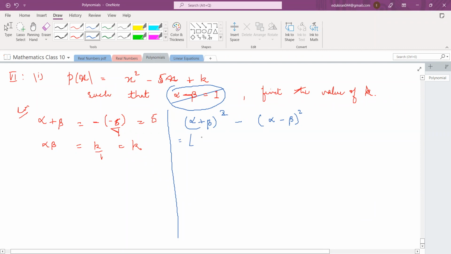So alpha plus beta whole square means alpha square plus beta square and plus 2 alpha beta. Clear? Minus. Okay. Now right here, alpha square plus beta square and then minus of 2 alpha beta.